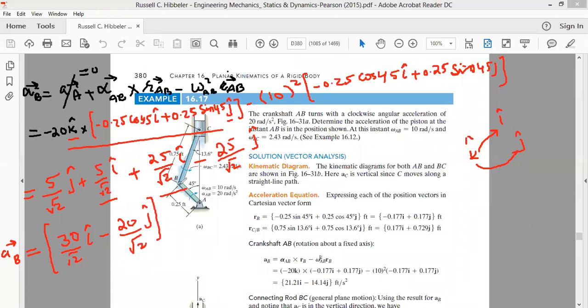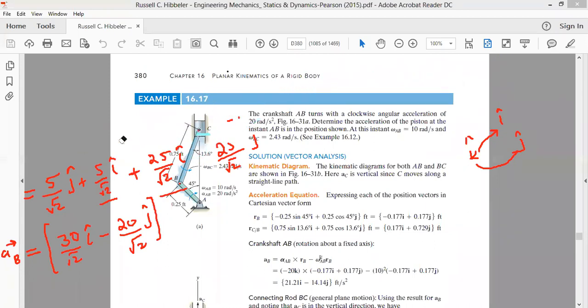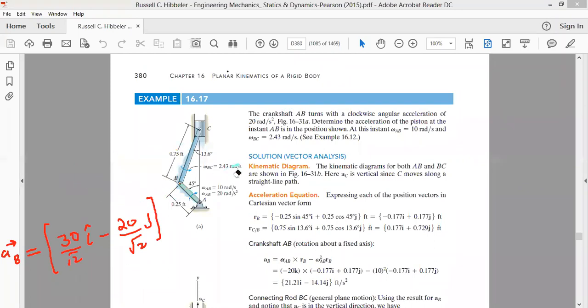So now we know the acceleration of point b. We can find the acceleration of point c in terms of the acceleration of point b.